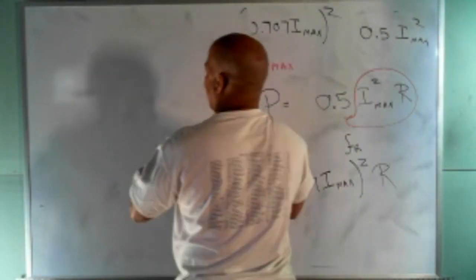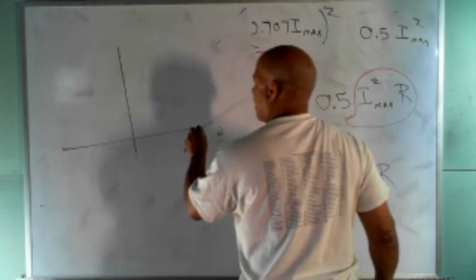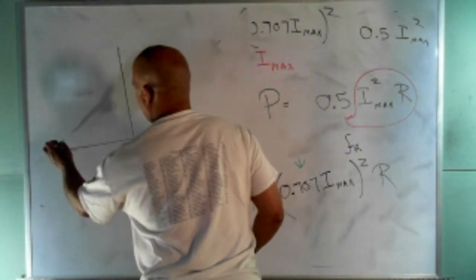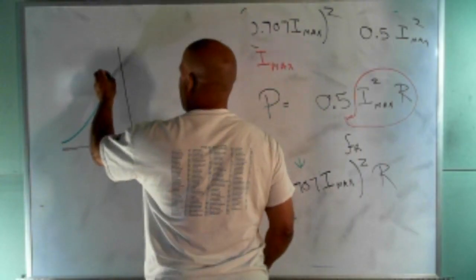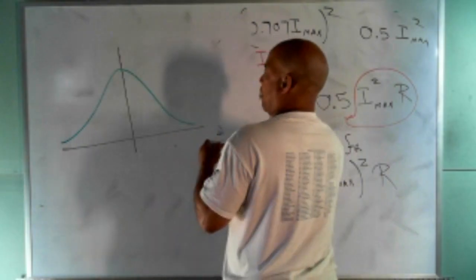In other words, the graph looked like this. And we started out like this. And I asked you for the current here.